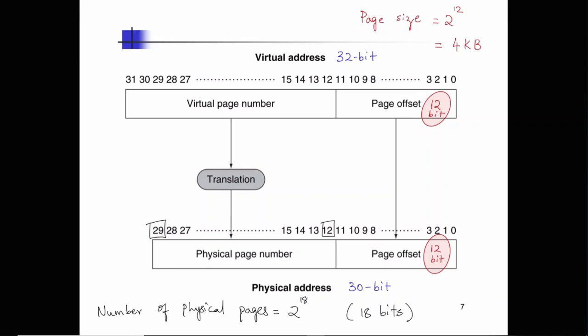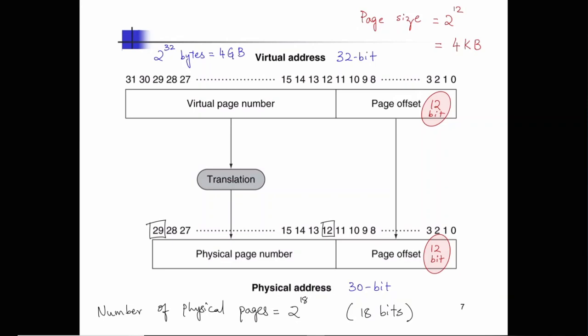Next, let us see what the size of the virtual address space is. Because it's a 32-bit virtual address space, our virtual memory is essentially going to be 2 raised to 32 bytes, which comes out to be 4 gigabytes.